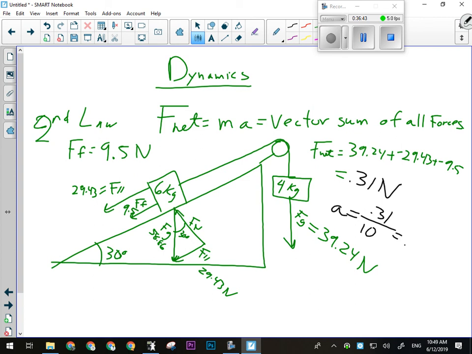So our acceleration will be 0.031 meters per second squared down, straight down, because it's the 4 kilogram mass, which is falling. No, in this case, it would have to be down the ramp, or 30 degrees below the vertical, or something that implies not straight down. We would need an actual direction here.